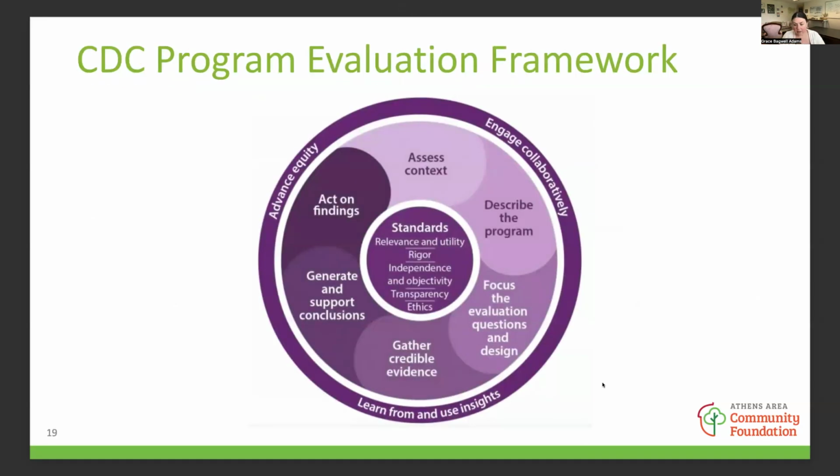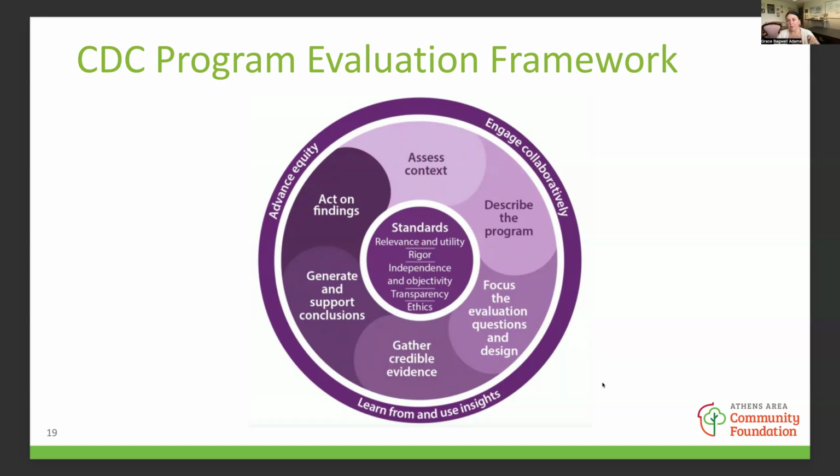One of the guiding tools that I really like to use when I do evaluation work is depicted here. Okay. So this is the CDC, the Centers for Disease Control. Their program evaluation work really is just a pictorial diagram, I think, of how you can conduct evaluation. I think that the first thing to notice here is that it's a circle, right?